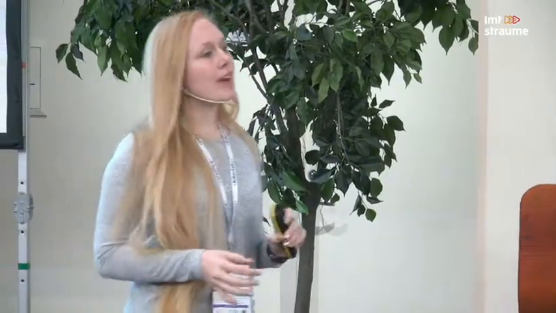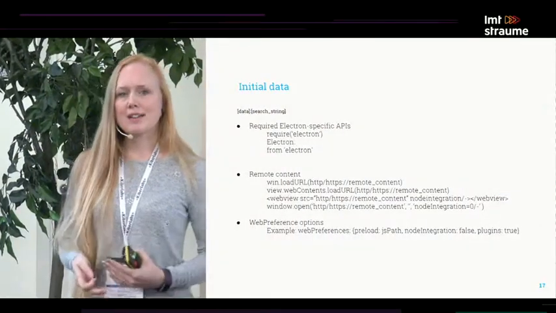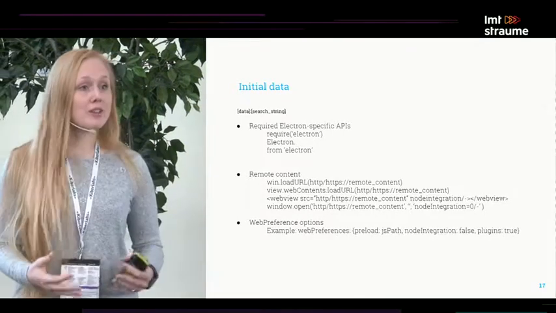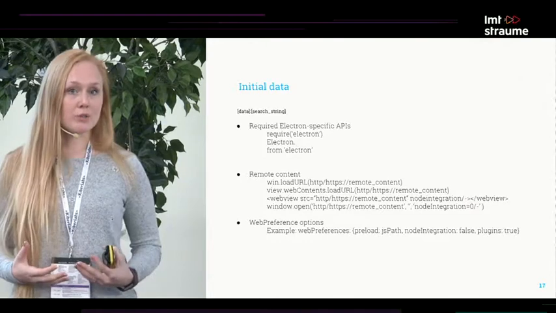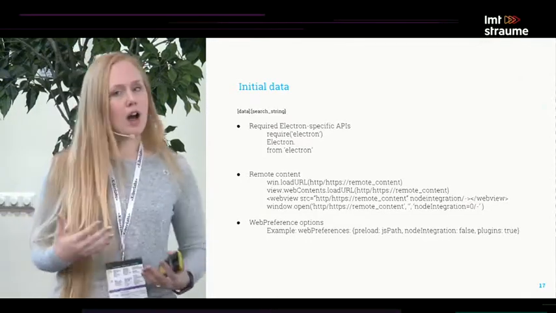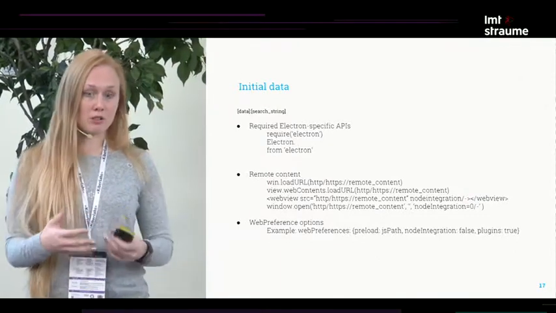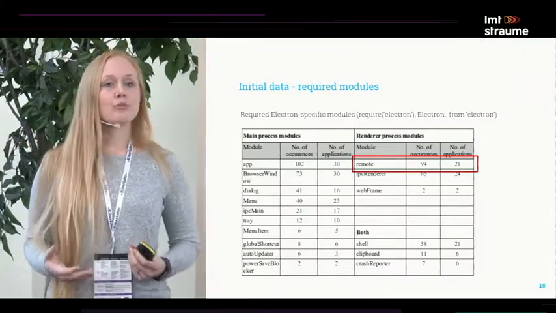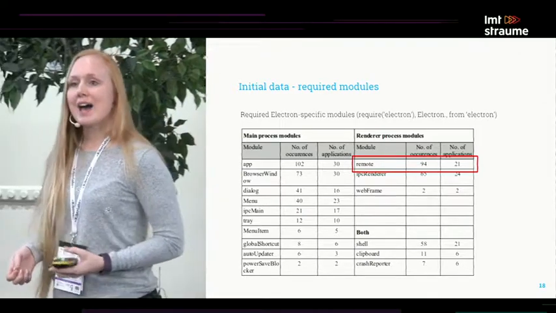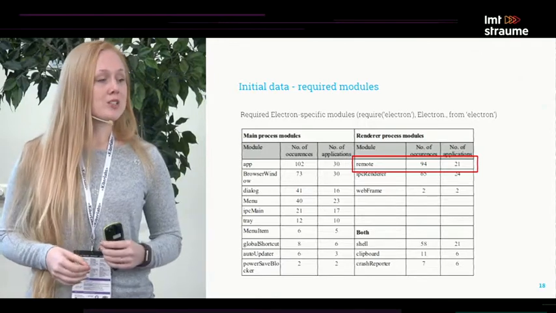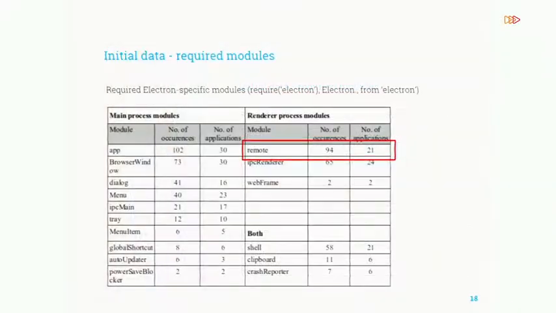I also wanted to gather some initial information on the applications I was looking at, because I had never really dealt with Electron applications. So I was looking into what kind of APIs they were using, what the remote content was, and how they were including it, as well as the options I was going to use for the long run. What I found out was that Electron has 59 framework-specific APIs, of which only 16 were used in these 30 applications, so that wasn't too much.